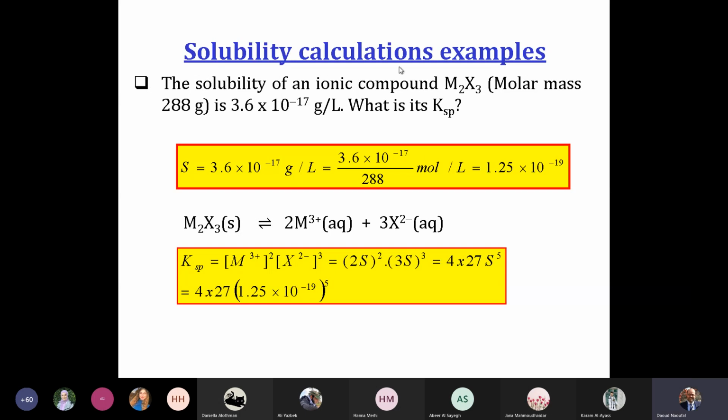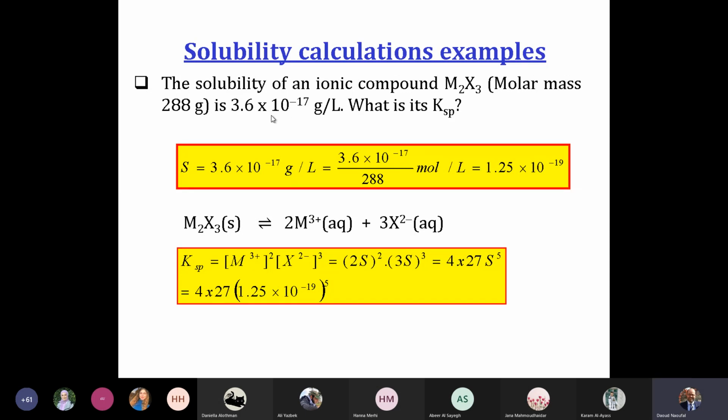Another solubility calculation example. The solubility of an ionic compound M2X3, whose molar mass is given as 288 gram per mole, is 3.6 times 10 to the minus 17 gram per liter. What is KSP?